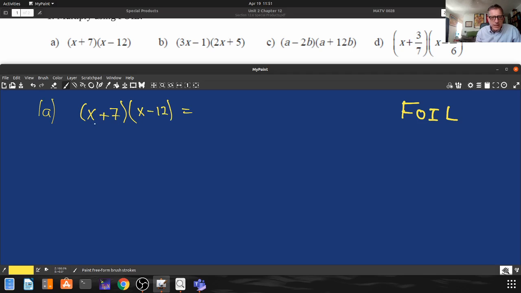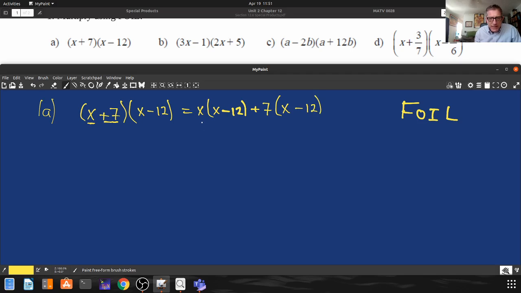Well, I told you to take the first term in the first factor, which is the x, multiply it by the entire second factor, which is not x minus 7, sorry, but rather x minus 12. And then take the second term in the first factor together with its sign and multiply it by the second factor.